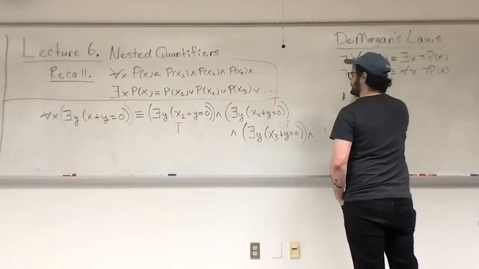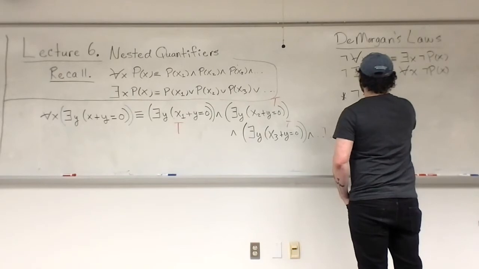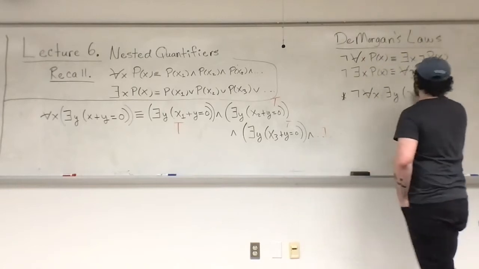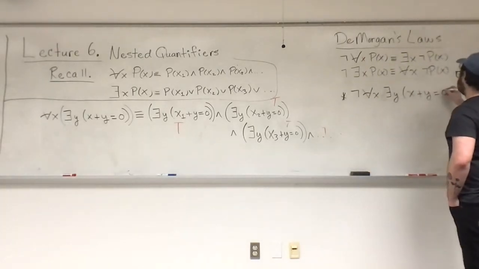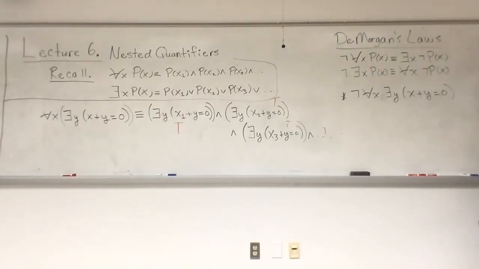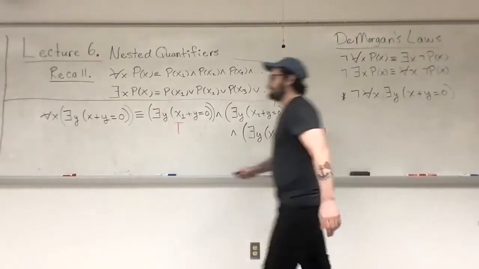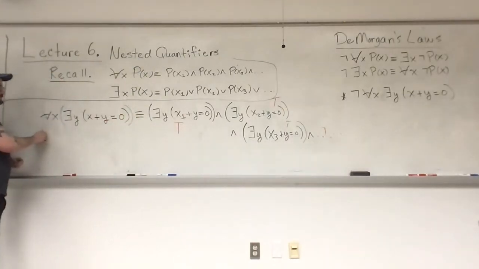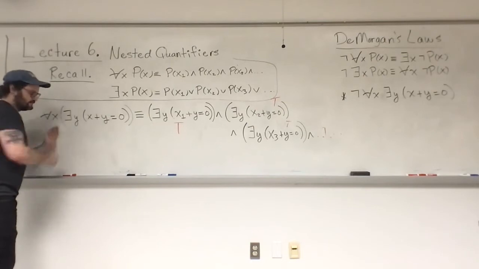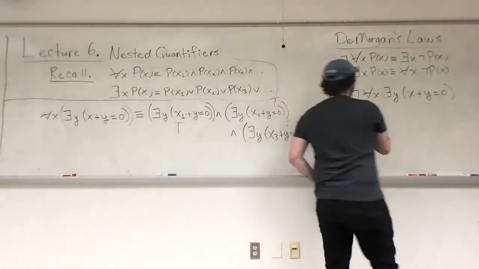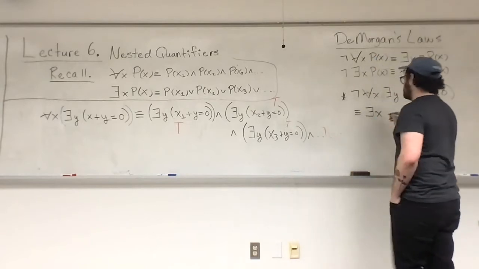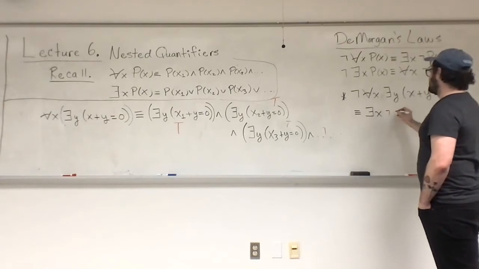The negation of, for all x, there exists y such that x plus y is equal to 0. Again, we can treat this like a propositional function. Not universal becomes existential of not whatever this is. So this will be logically equivalent to the existential of the negation of this other stuff.